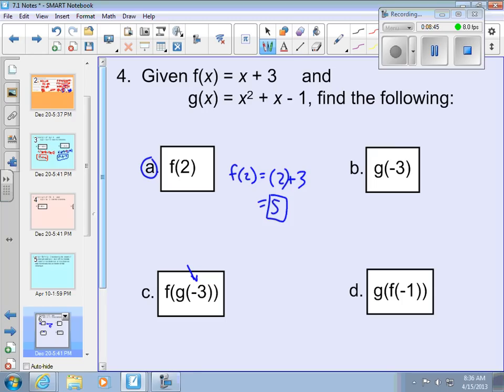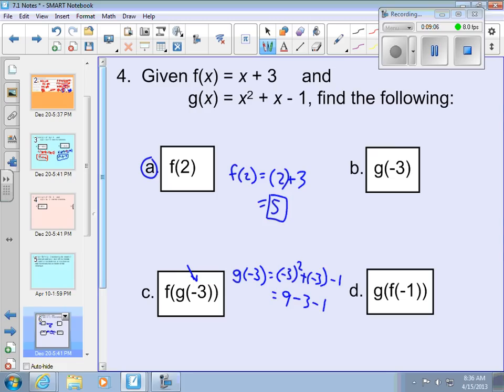So you want to go up, find the g function, plug in negative 3, and see what you get. Everywhere you see an x, put negative 3. Negative 3 squared plus negative 3 minus 1. That would be 9 minus 3 minus 1.